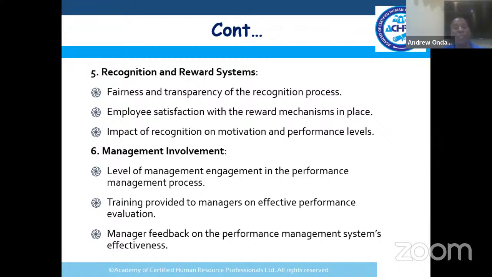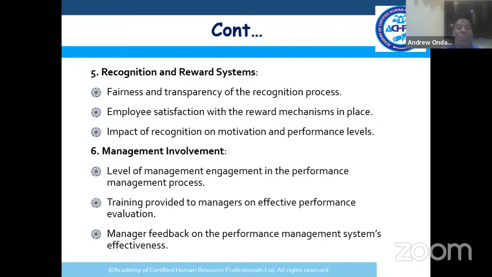Because these are the resource allocators. Two, these are the strategy formulators. And three, these are the people who will support us when we engage in this process. So the buy-in of the top managers will affect the success or failure of the performance management process or system.